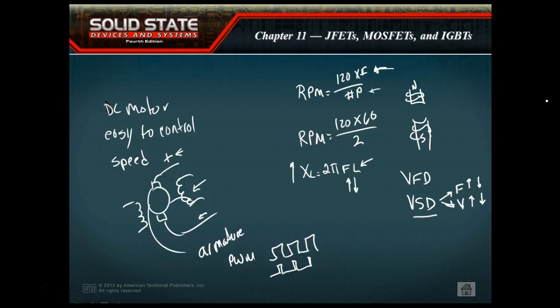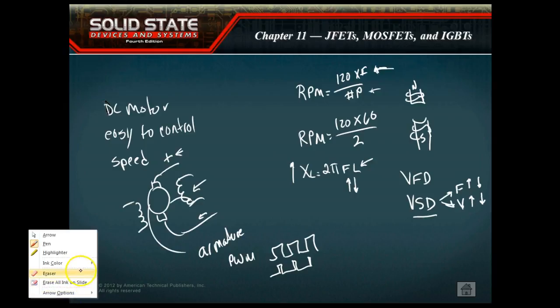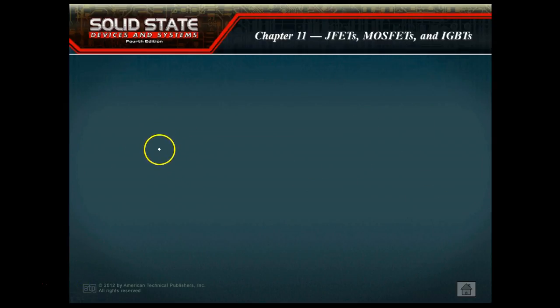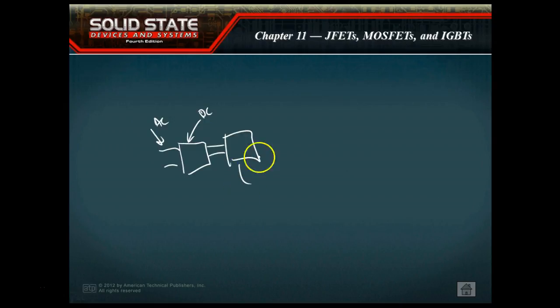Well, this is the beauty of electronics, or the beauty of DC. If you imagine, we could bring in AC, then we can convert it to DC. So this is AC over here. And then we could run it through something they refer to as an oscillator, which converts it back to AC.